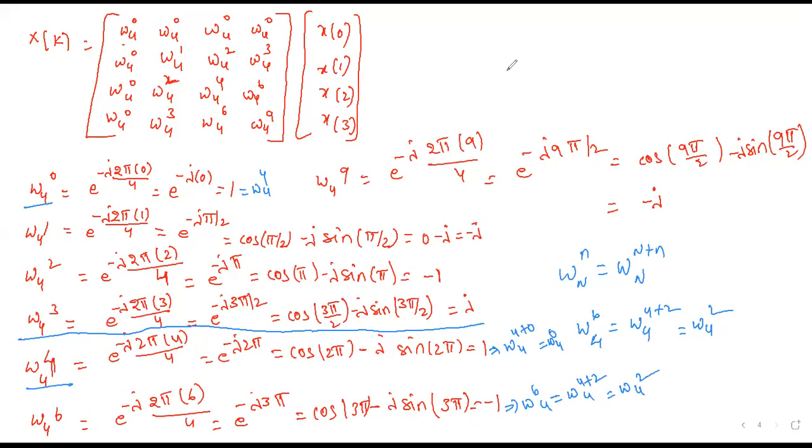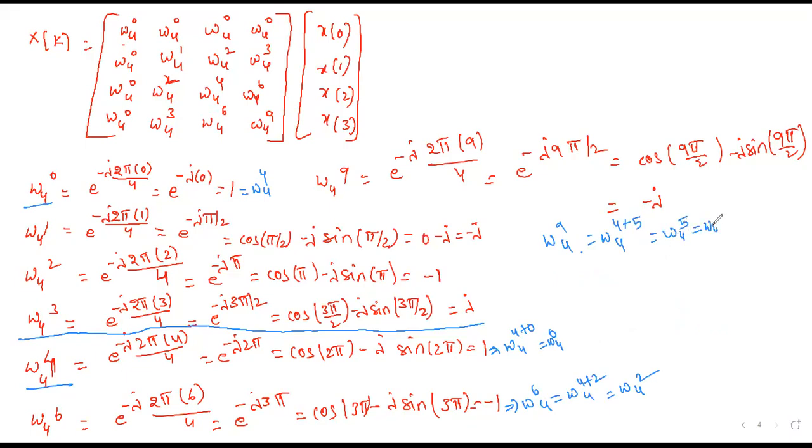Similarly, omega 4 power 9 is equal to omega 4 power 4 plus 5, which is equal to omega 4 power 5. This can be written as omega 4 power 4 plus 1, that is equal to omega 4 power 1. This is equal to omega 4 power 9, right?